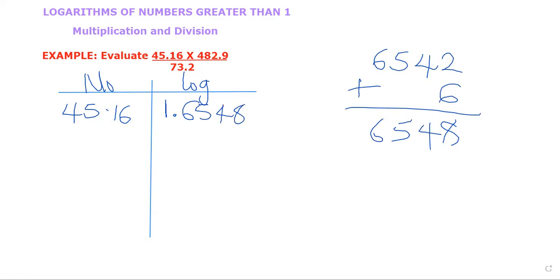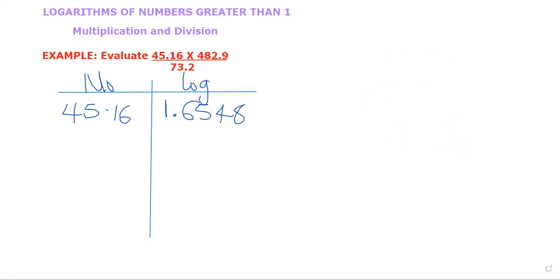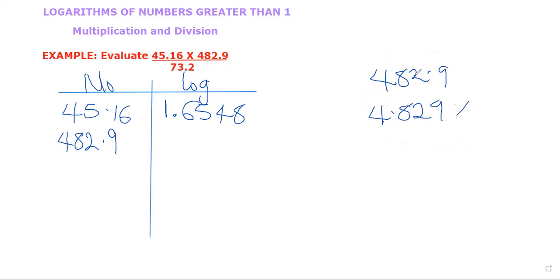So that's taking care of the first one. We are going to work on the second one this time. For the second, we still write it under the number part: 482.9. Putting 482.9 in standard form will be 4.829 times 10 raised to power 2.